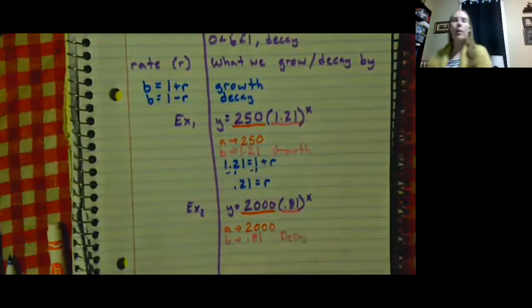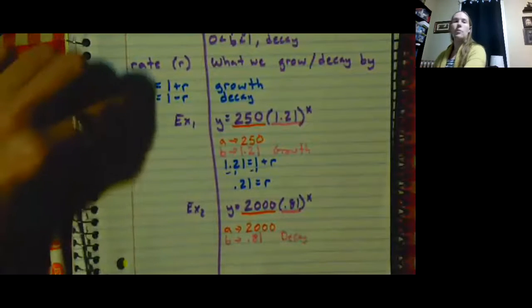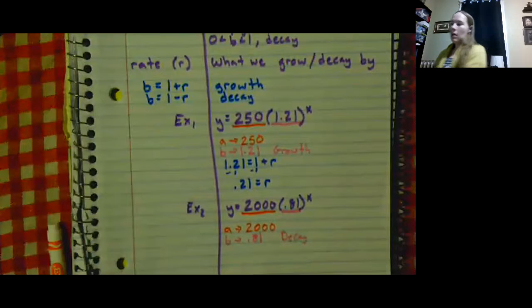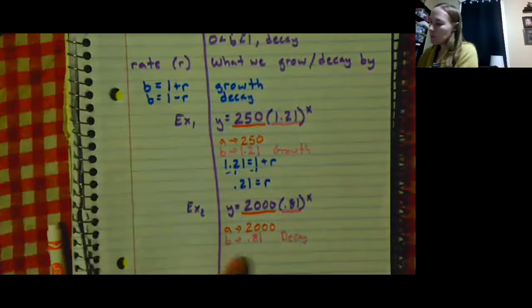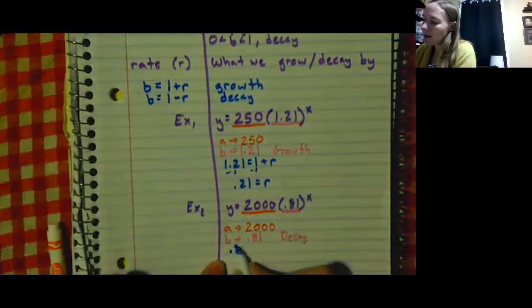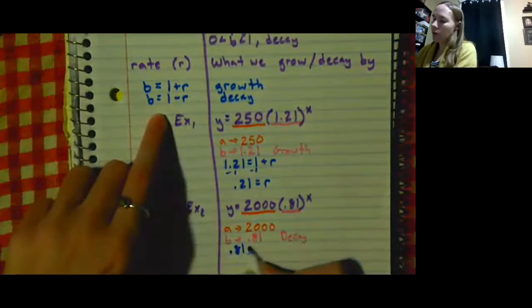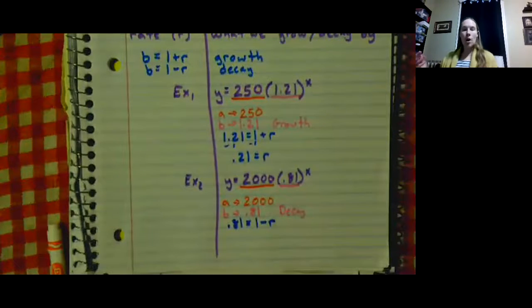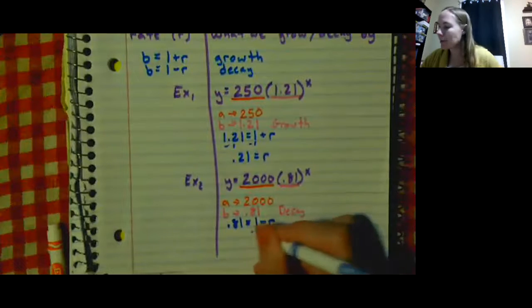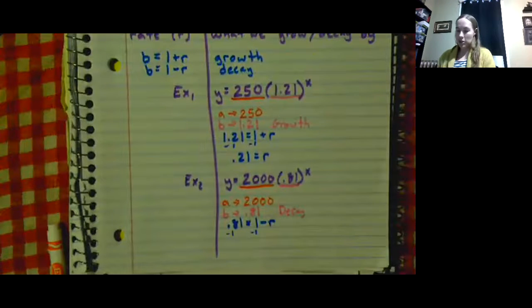That's why it's important to find our b value first, because that's going to help us with which one of these we use. Because it's decay, I use 1 minus r. So I have 0.81 equals 1 minus r, and now I want to solve. I want to subtract 1 from both sides again. Let me put this in my calculator super fast.